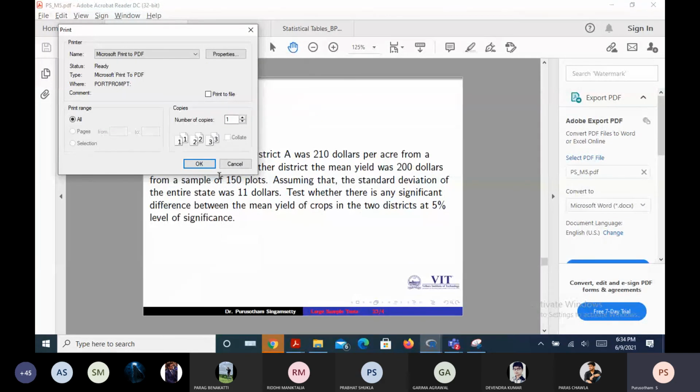Sir, we don't have a print option. If you don't have a print option, the only way is to snip it and paste it in the Word document, and upload it by adding your registration numbers properly.